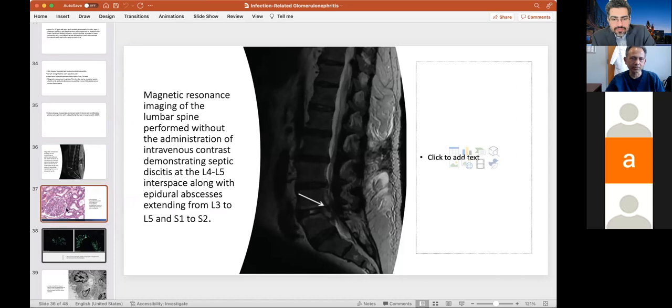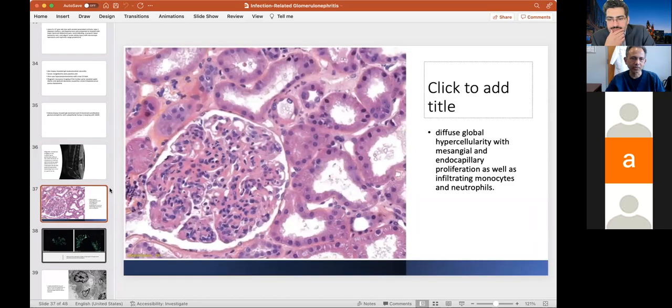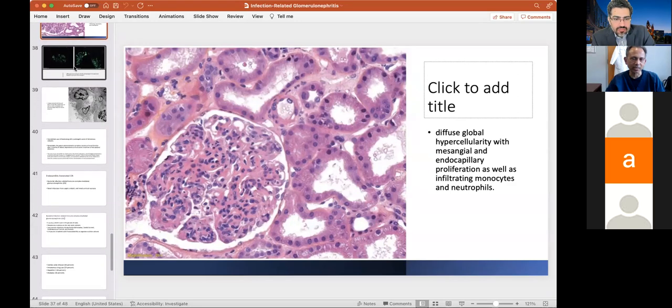And next slide. So you can see this is the hypercellularity in the light microscopy, and that's not typical of IgA vasculitis or IgA nephropathy. And next slide.